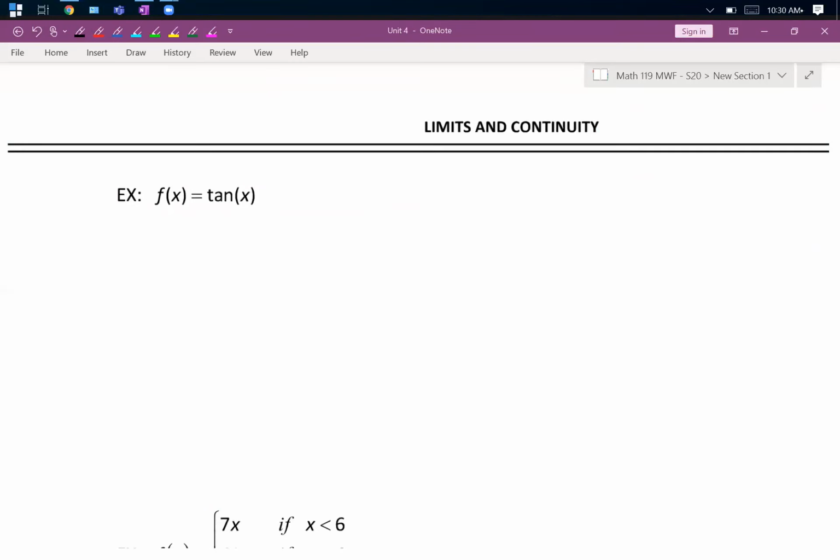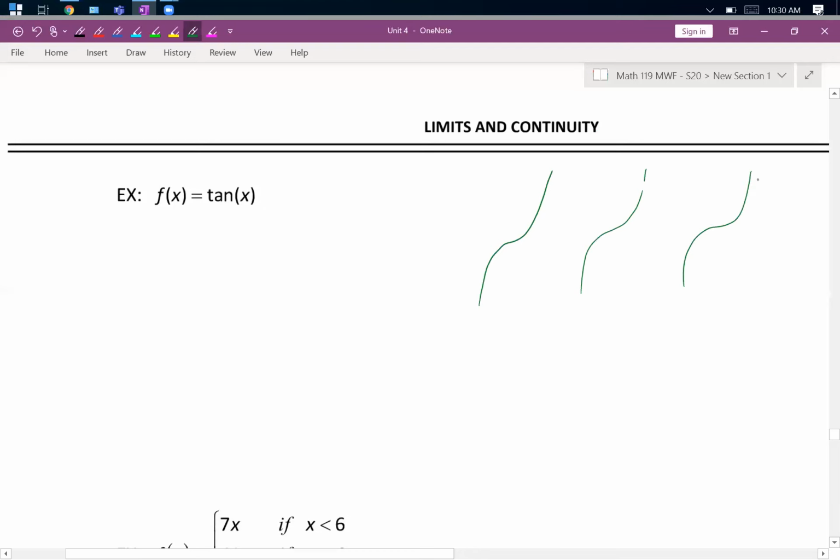It is y over x. What do you know about the graph of tangent? It's a squiggly line. I agree. They all are. But there's a bunch of them, right? And what are they separated by? Asymptotes. So where tangent is discontinuous is where all of those asymptotes are.